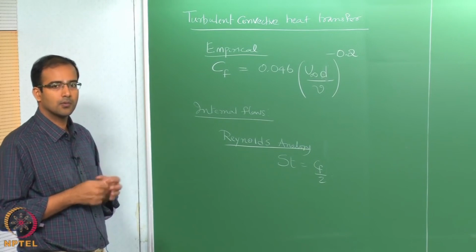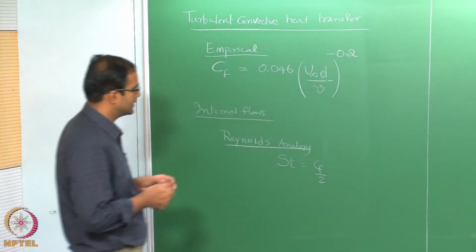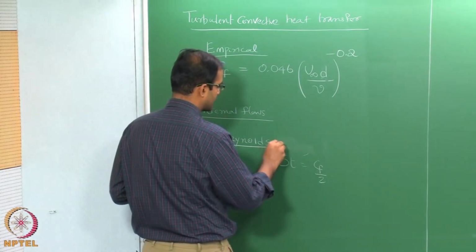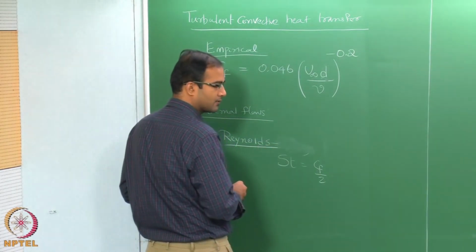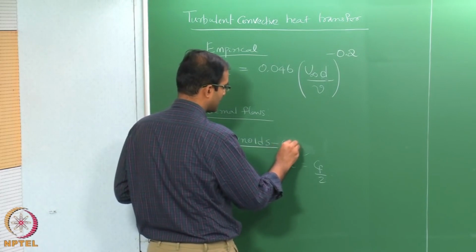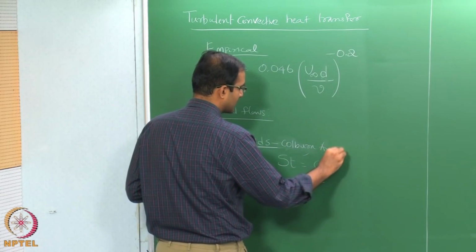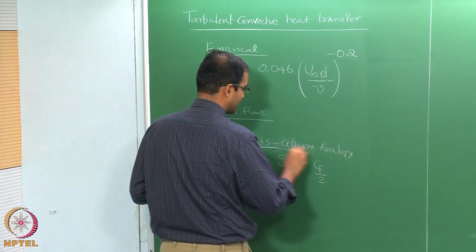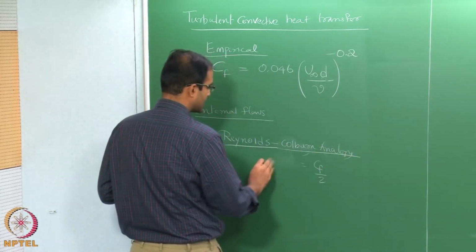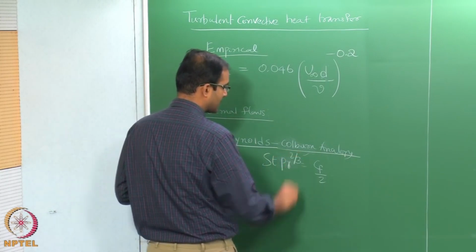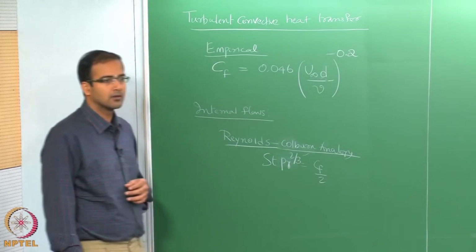Therefore, Colburn extended this Reynolds analogy to cases where he considers the effect of the molecular Prandtl number. Then it becomes the Reynolds-Colburn analogy, and what does it say? Your Stanton number times Pr to the power 2/3 is equal to Cf by 2.